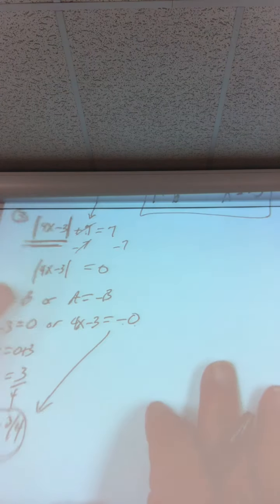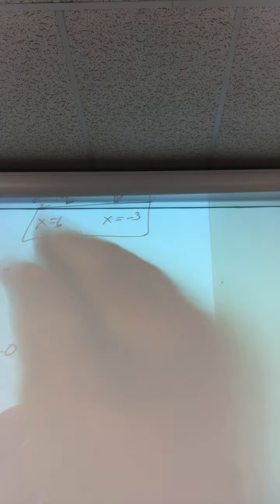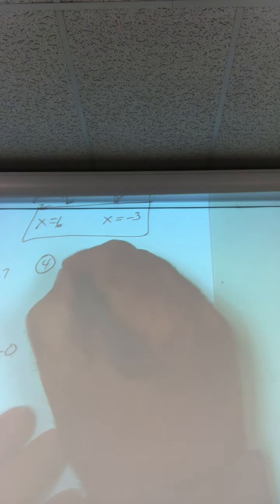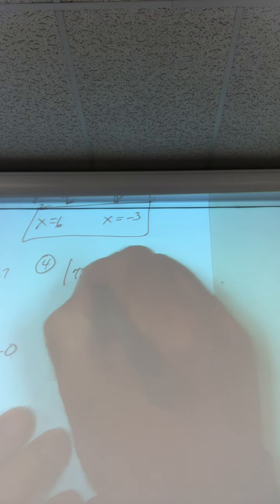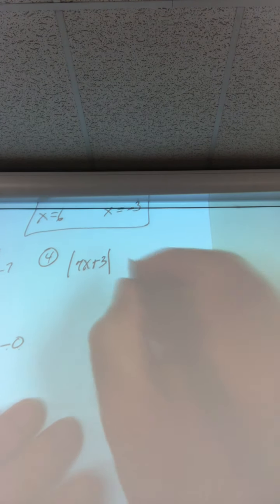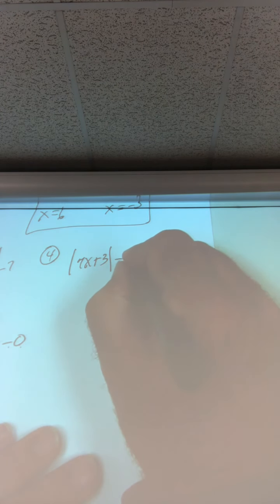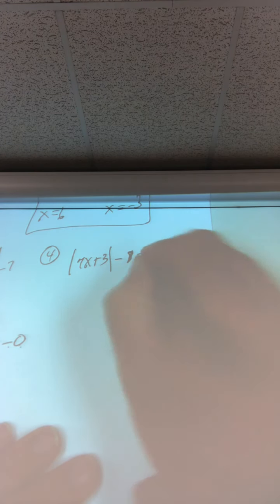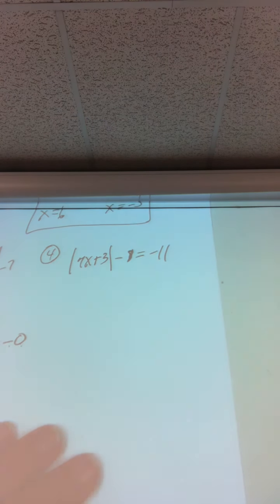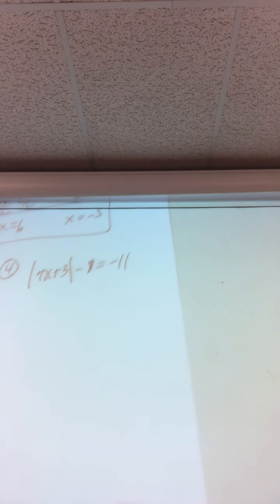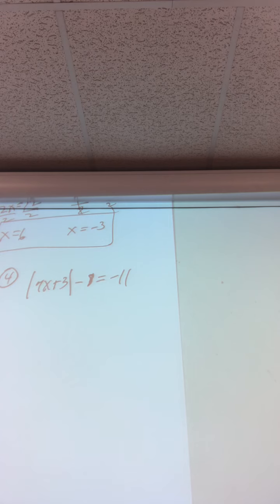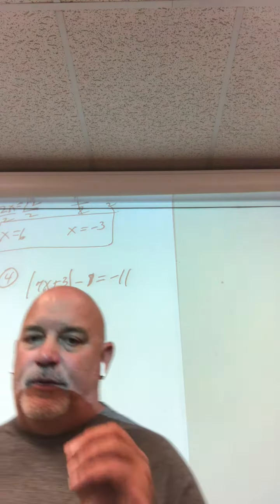Okay, let's do one more example to close out this section. Absolute value of 7x plus 3 minus 8 equals negative 11. Now remember, stay within your steps.